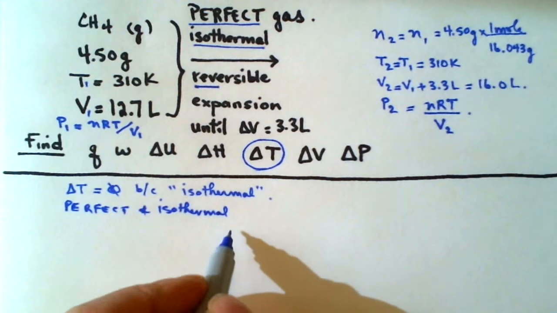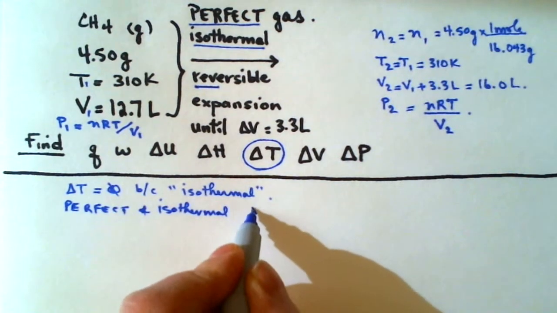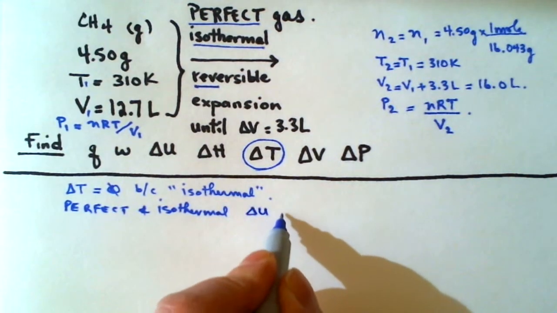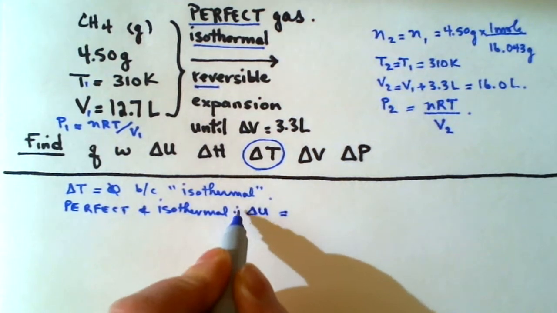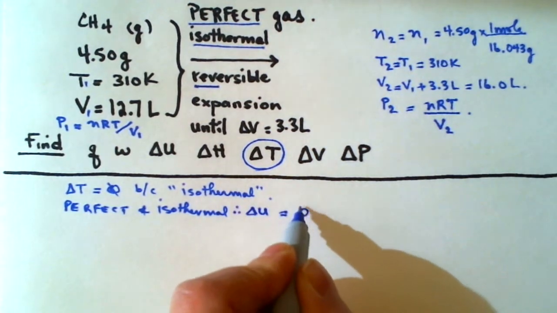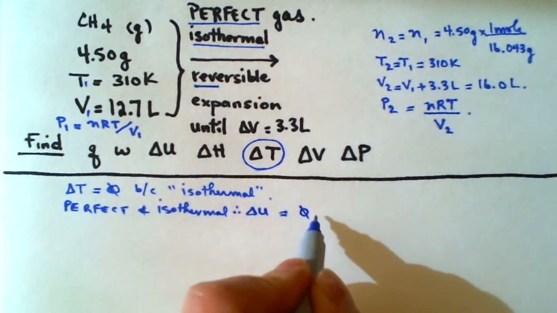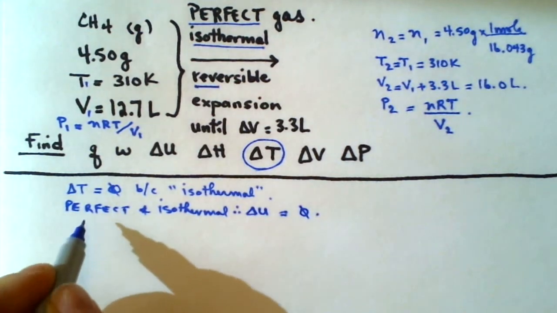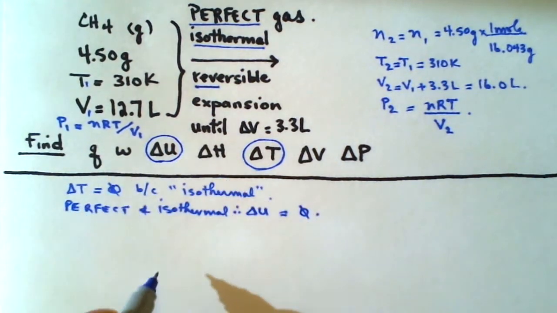And so since this perfect gas is remaining isothermal, delta U, therefore, is equal to 0. And so that's that one taken care of.